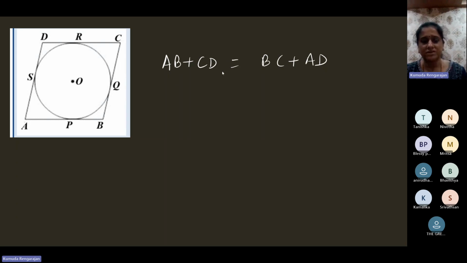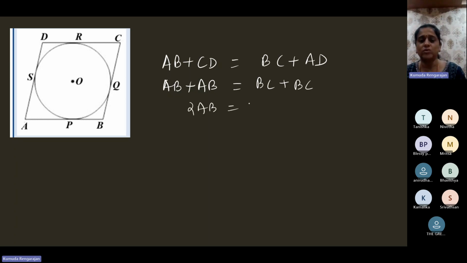AB and CD are opposite sides, so write AB, and instead of CD, you can write AB because they're equal. Here also, write BC. Now, AD can be written as BC because opposite sides are equal. So you have twice AB is equal to twice BC. AB is equal to BC.